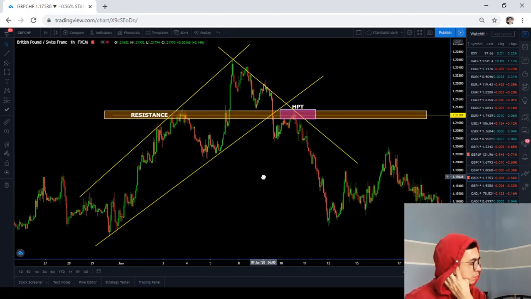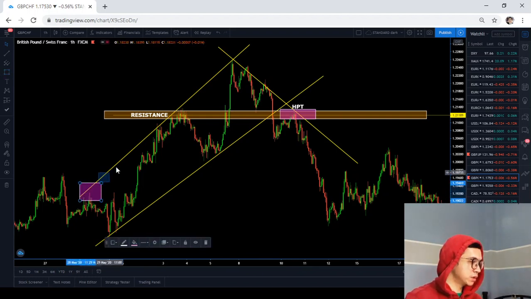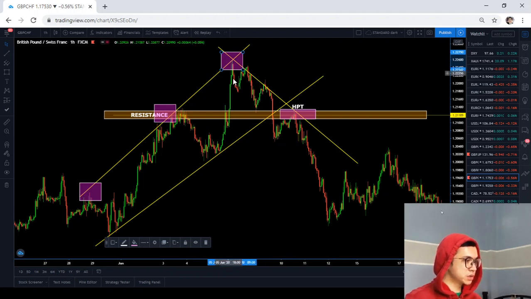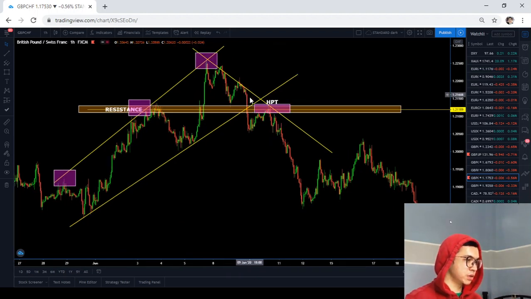Pero, if marunong ka nang mag 1, 2, 3 rule reversal, maaga pa lang nakasakay ka na. 1, 2, 3. Di ba sabi ko, pagka nag-third touch na siya, definitely, mabe-break tong counter trend line. But for the sake of having a rule base, dito pa lang ang iyong entry.